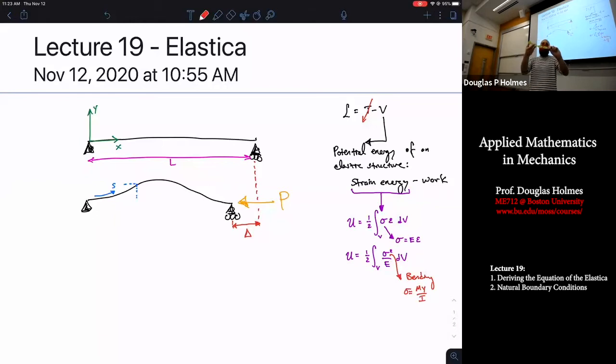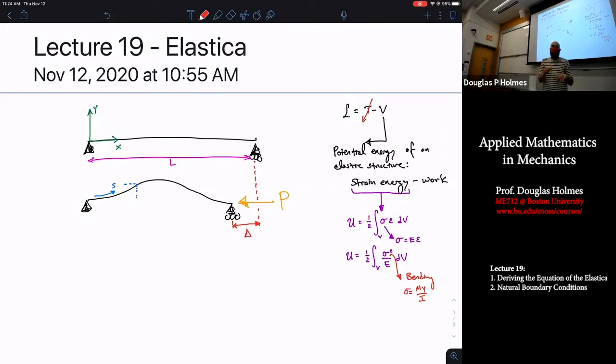We're not twisting it, so we can ignore that. And by making the assumption that we're not imparting much uniaxial strain, so that we're not going to get into that plastic regime, we're also saying that we're not really stretching the object much. We're just bending it.